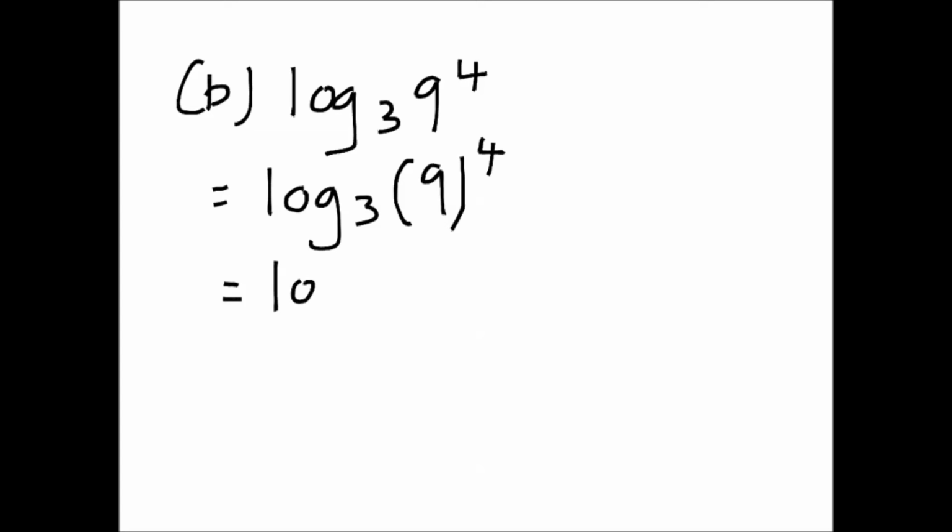So we just log 3, and then we know that 3 multiplied by itself is equal to 9, so we write 3, sorry, I shouldn't bracket, so you just write 3, and we know that the power is 2 because it multiplied itself, so we just put the 4 aside.